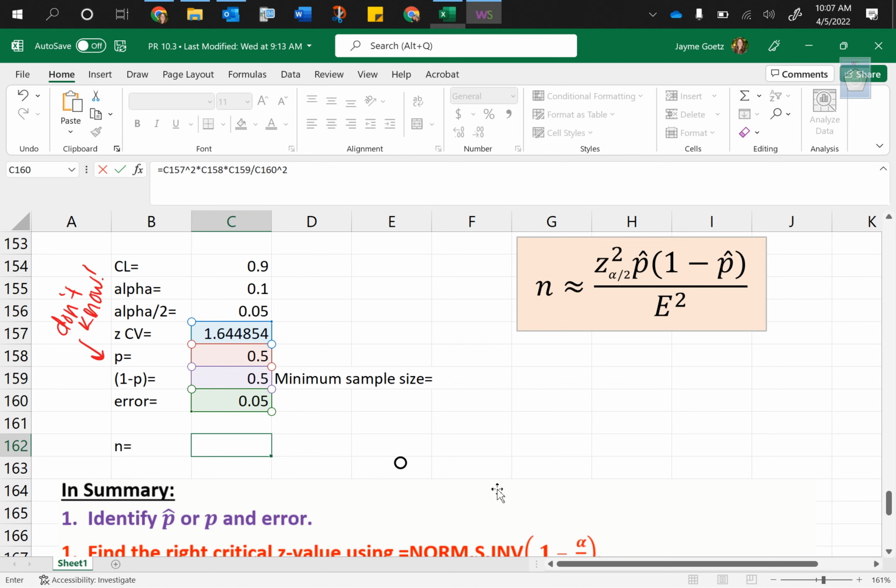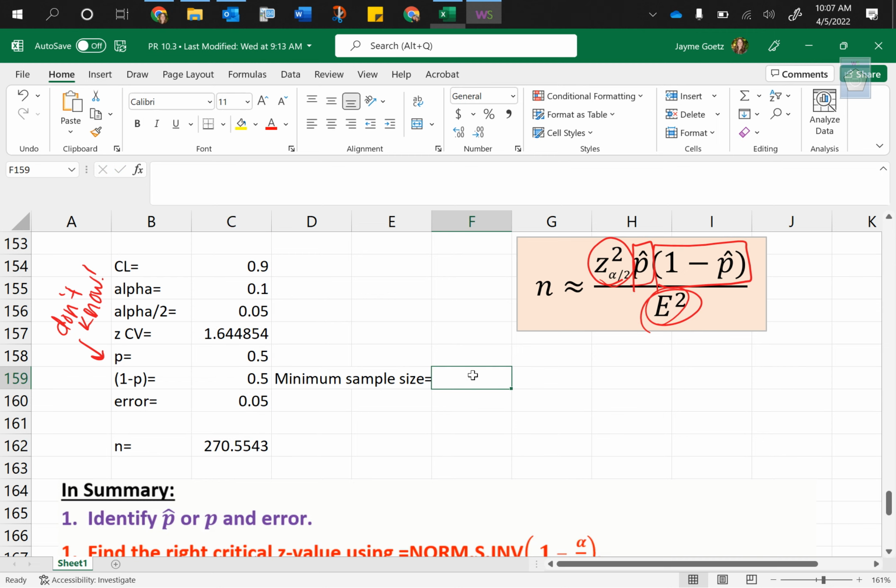So again, we're just following this formula, z squared times p hat times 1 minus p hat divided by e squared. And you should get 270.55. So my minimum sample size should be what? 271. Very good.